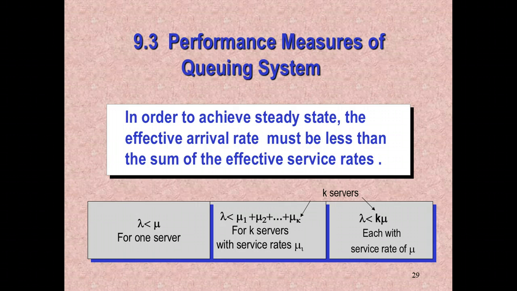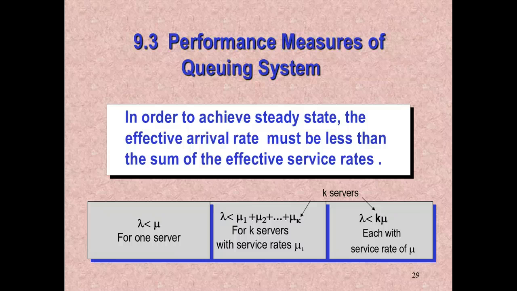So remember I said lambda, okay? Lambda is the arrival rate, and mu is the service rate. So for it to achieve steady state, lambda has to be less than mu. So we have to be serving things at a faster rate per hour than they're arriving. That's for one server. If we have multiple servers, then lambda has to be less than all the service rates added up.